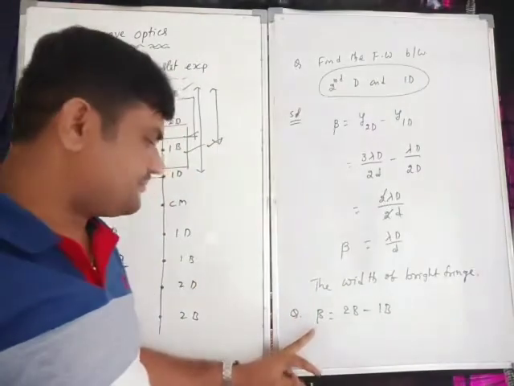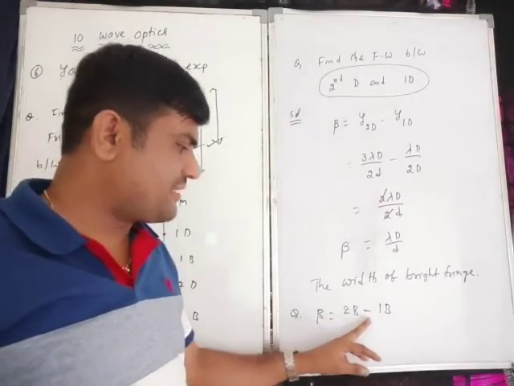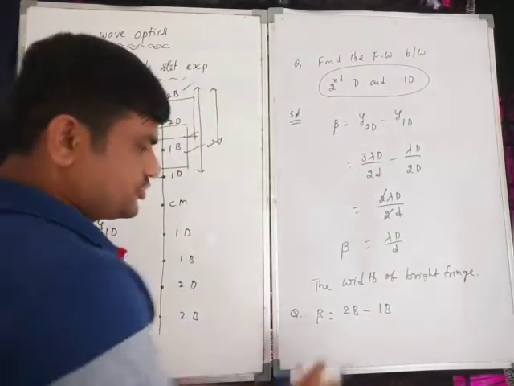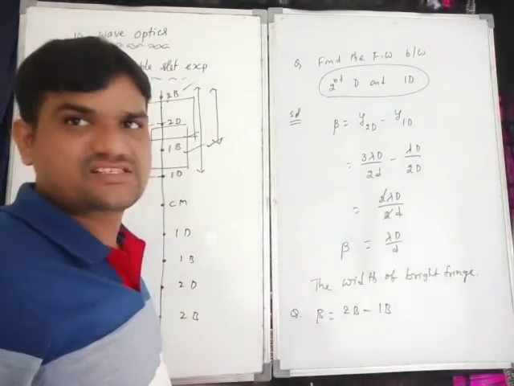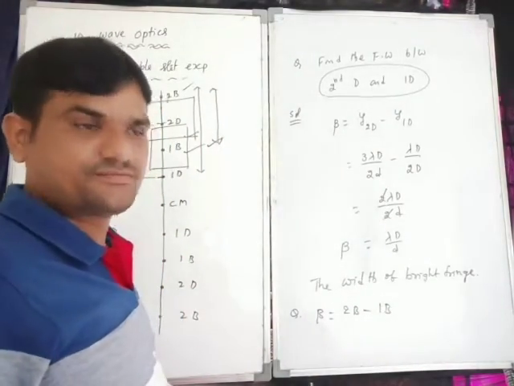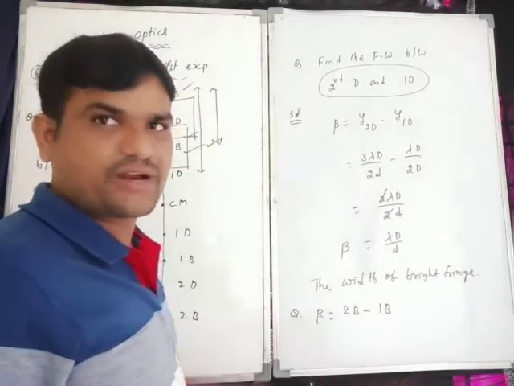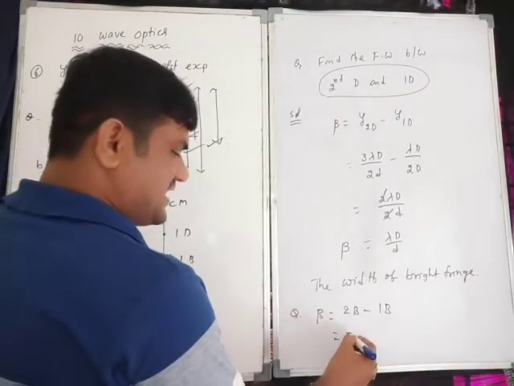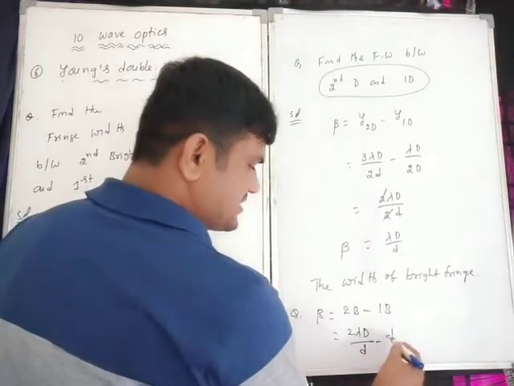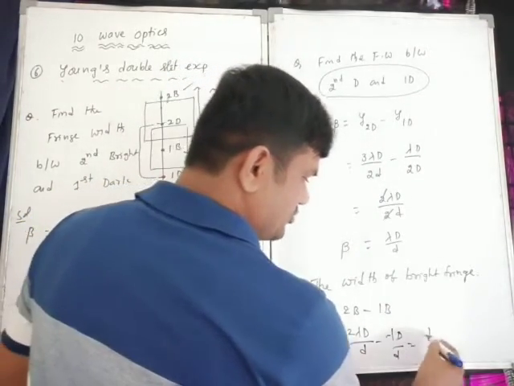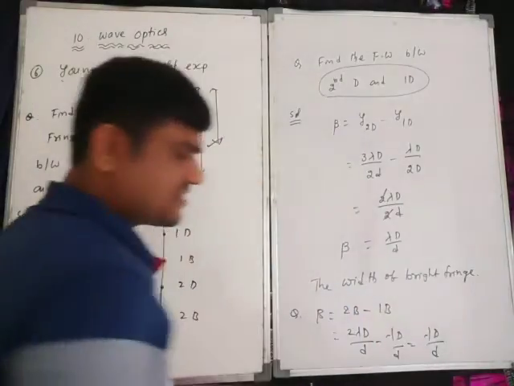So beta is equal to 2b minus 2, second bright minus first dark, first bright. Second bright minus first bright. That is equal to how much will come? This is 2 lambda D by d minus lambda D by d, which is equal to lambda D by d.